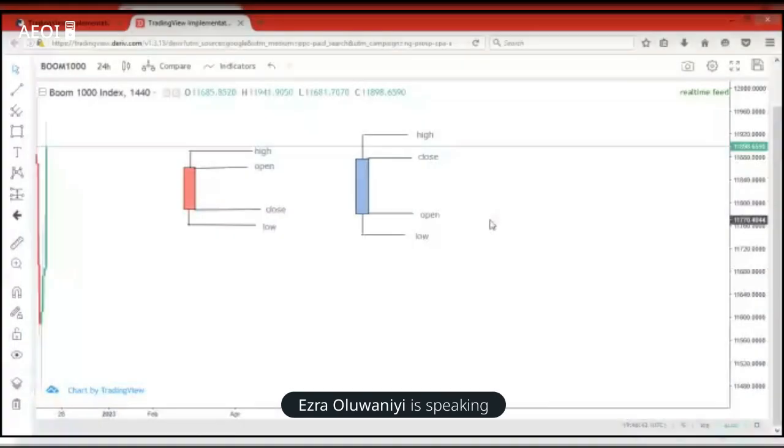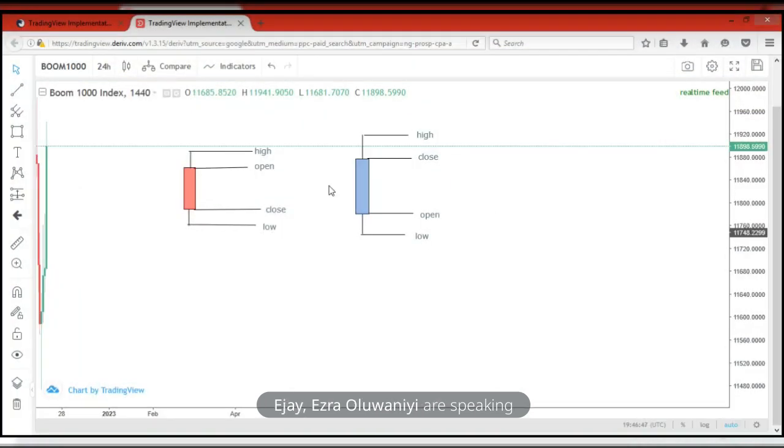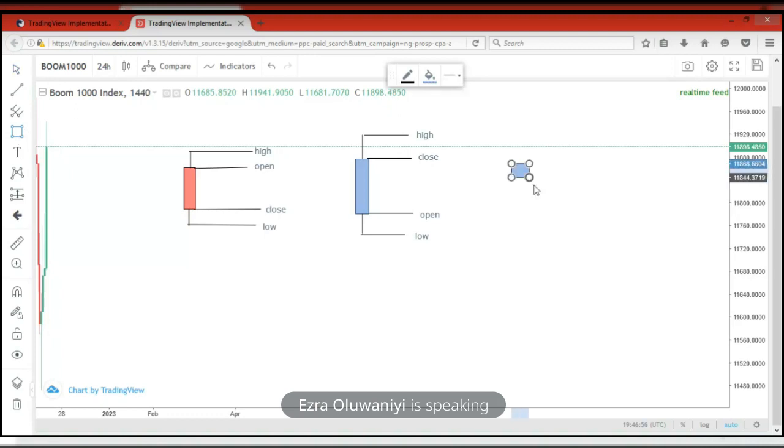All right. So this is a typical representation of each Japanese candle. So if you see a Japanese candle, you should be able to see all this representation there. Now, not all candles have wicks. There might be a bullish candle like this that only has a wick below.